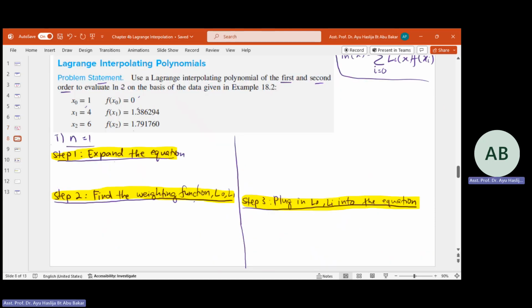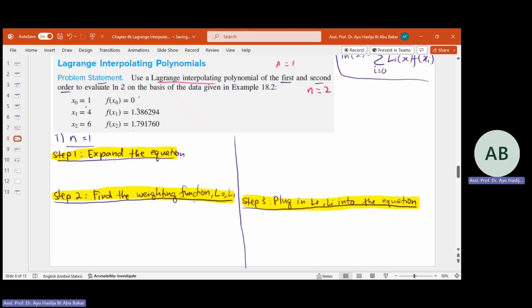Okay, we try this example. I extracted it from the textbook, Lagrange interpolating polynomial. Given, it asks you to use a Lagrange interpolating polynomial for the first and second order. First means n equals 1, second order means n equals 2.